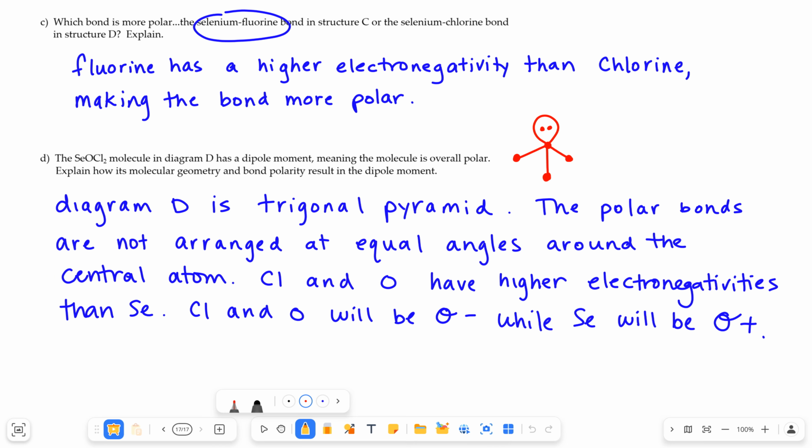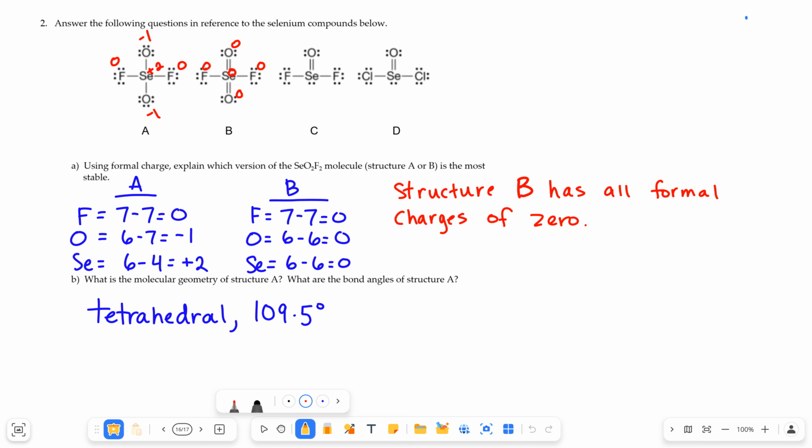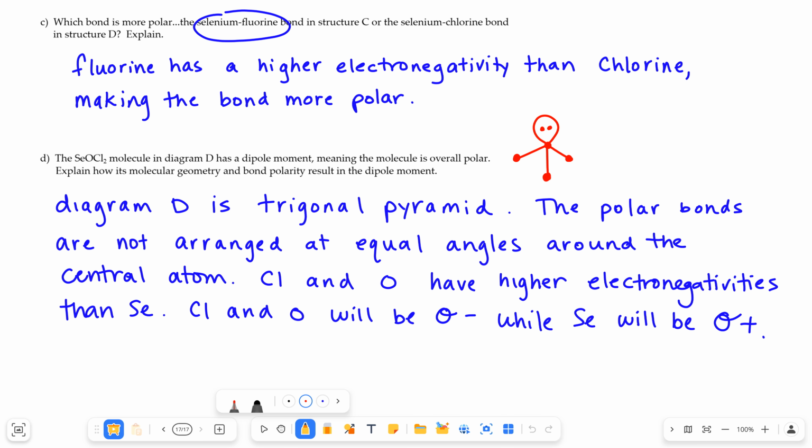In structure D, if I go back to D, you've got 3 bonds and a lone pair. It doesn't matter that one of the bonds is a double. I've got 3 bonds and 1 lone pair, a total of 4 electron regions around that central atom. Makes me think tetrahedron, but one spot is the lone pair, so it's going to be the trigonal pyramid.